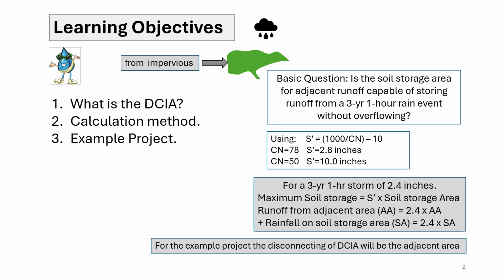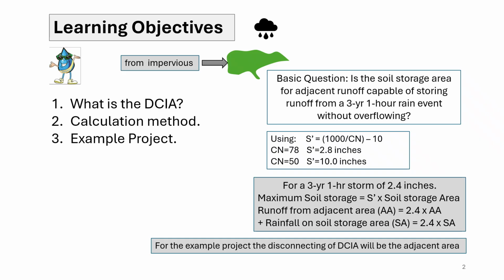A central concept here is the maximum soil storage value, referred to as S'. This value defines the upper limit of how much runoff a soil area can absorb before it overflows. We calculate S' using the formula S' equals 1000 divided by the curve number, minus 10. The curve number, or CN, is a measure of how permeable and absorbent the soil and land cover are.